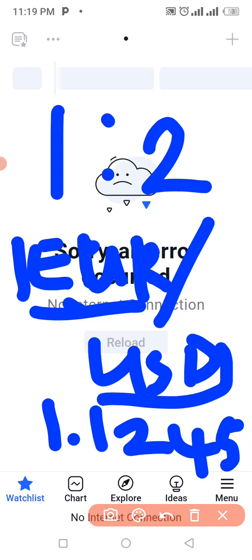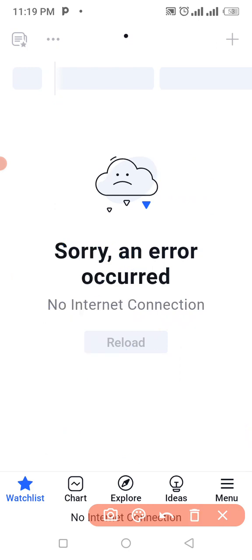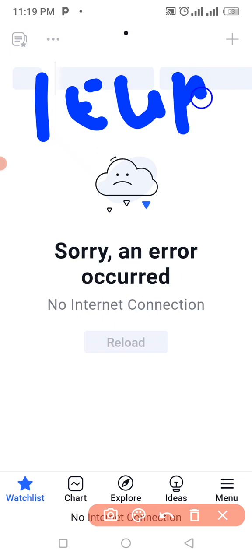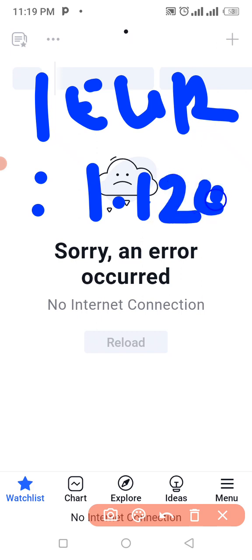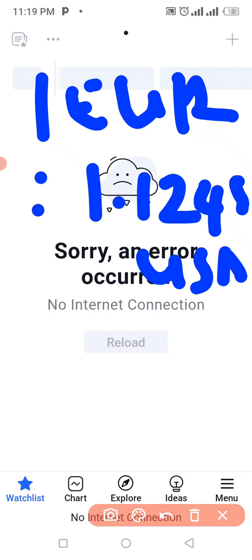It means they are in a proportion of ratio. So €1 is to the ratio of 1.1245 USD. That's what it means.